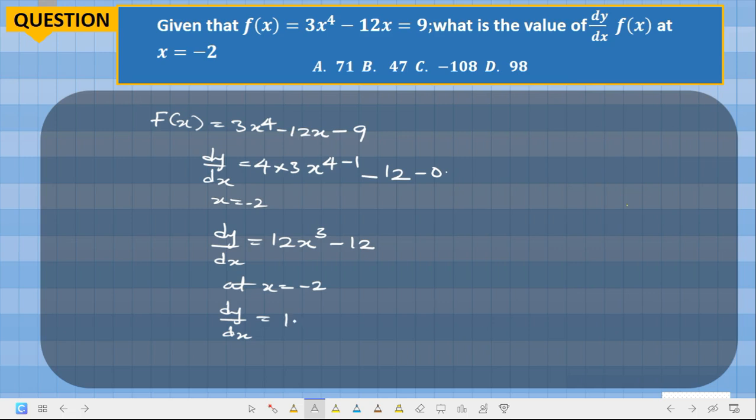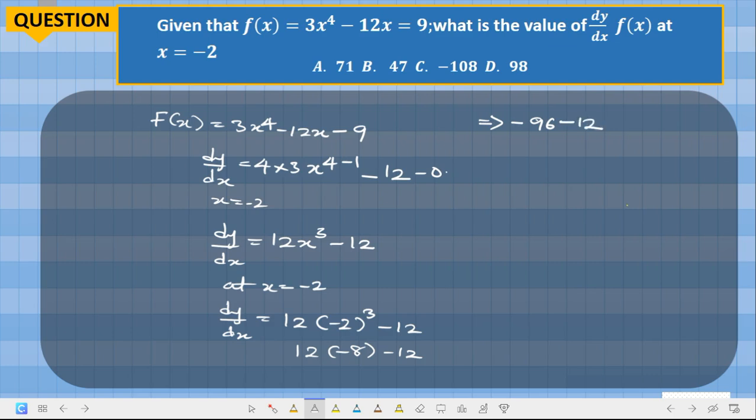So this becomes dy/dx is equal to 12 bracket minus 2 raised to the power of 3 minus 12, and this becomes 12 times minus 8 minus 12. Now 12 times minus 8 will give us, I believe, 96, or let me confirm. 12 times minus 8 is minus 96, so this is equal to minus 96 minus 12.